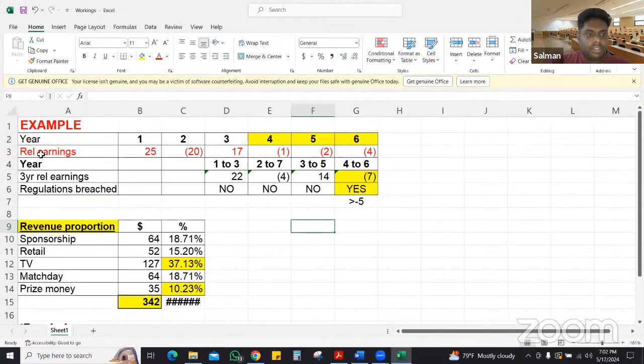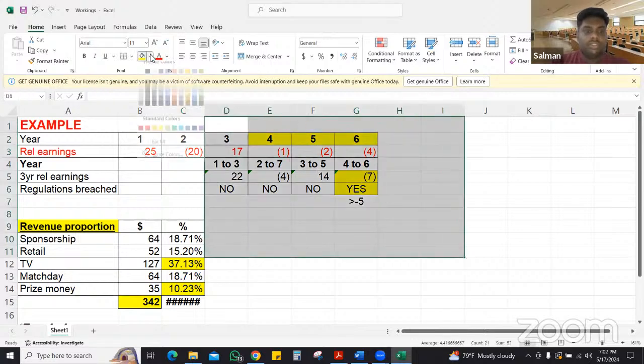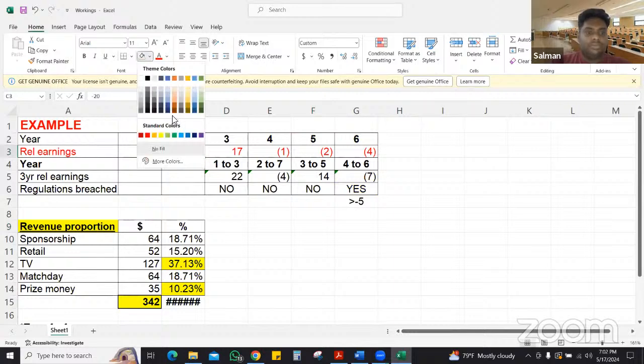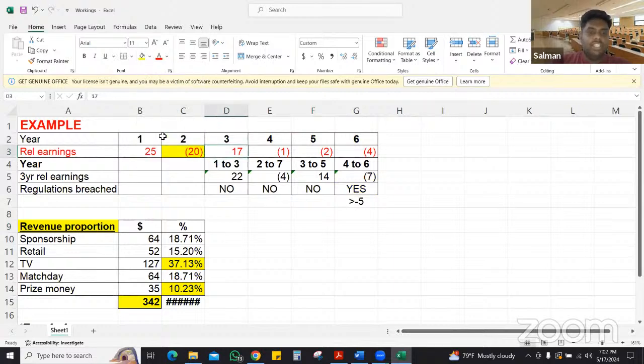For example, say, what is REL? It should be retained earnings. Okay, keep in mind this is the earnings, right? Year 1, the profit is 25. Year 2, a loss of 20. Year 3, a profit of 17. Year 4, a loss of 1 million. Year 5, a loss of 2 million. Year 6, a loss of 4 million.